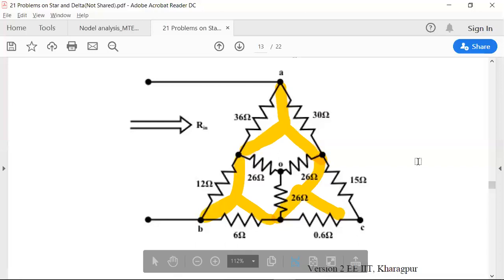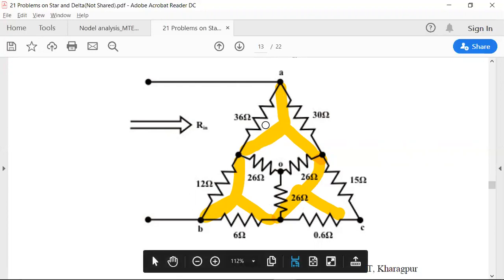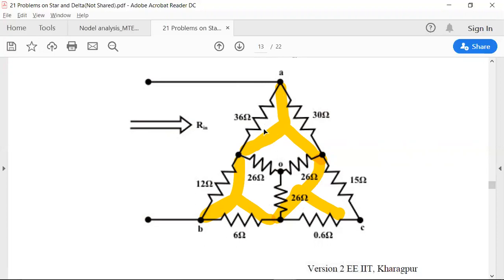Now my circuit looks like this. So this yellow indication indicates my final circuit. After applying the transformation techniques, my circuit looks like this. Here they are all in star connection as of now.